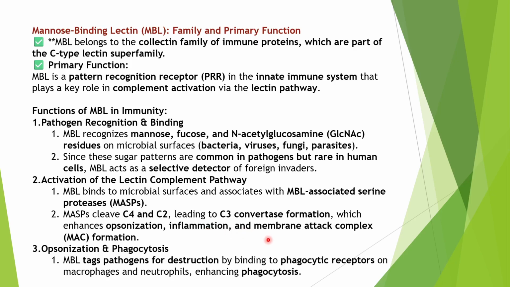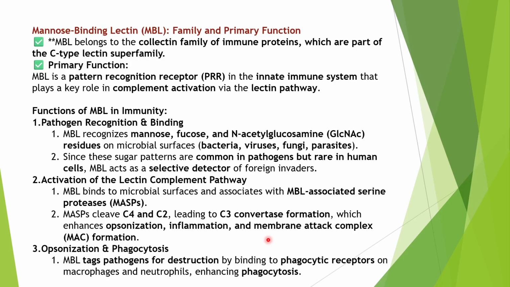Then we also have the membrane attack complex. So then there will be formation of this membrane attack complex. This is also known as MAC, and it is a protein complex that helps in pore formation in the pathogen membranes.